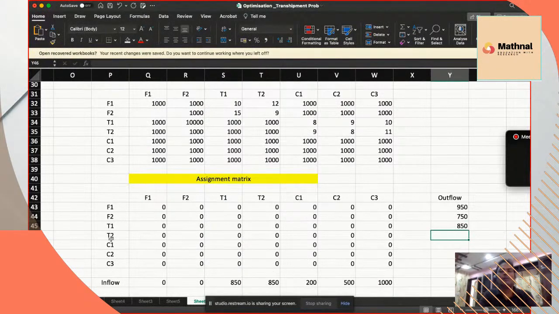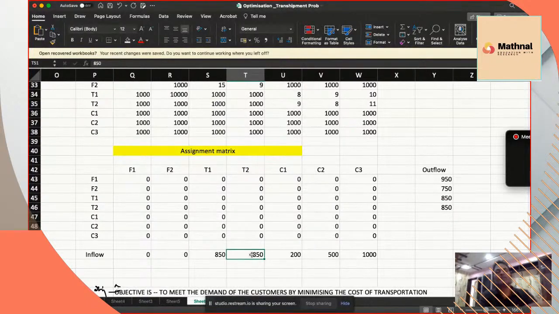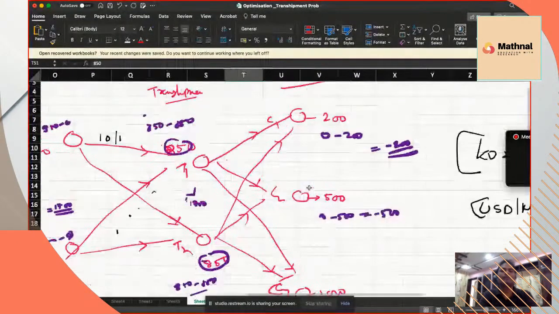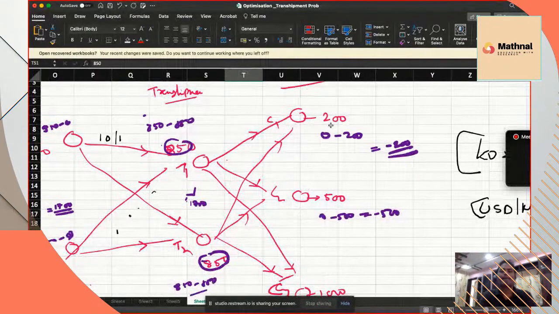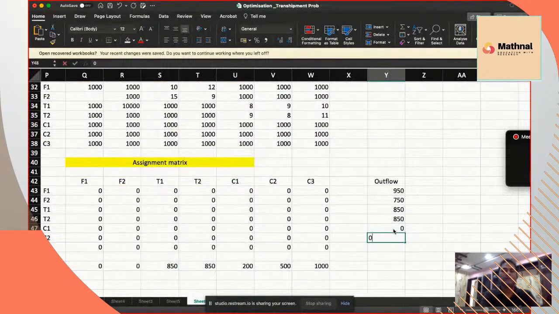What is the outflow at transshipment point 2? It's 850 units. And what is the inflow? It's 850 units. Whatever is receiving is dispatching forward. What is the outflow at C1? There is no outflow at C1, C2, and C3 because they are customer points.